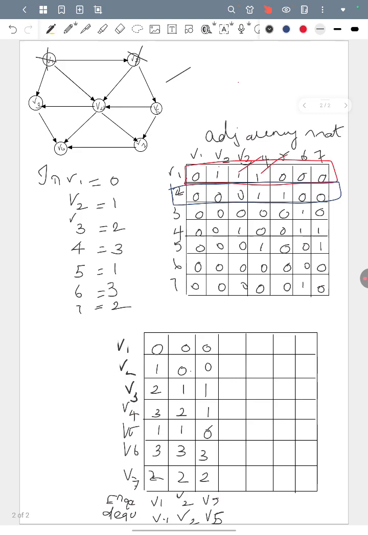Okay, now calculate the in degree if V5 is removed from the graph. We can see that only V4 and V7 have in degree from V5. So we are supposed to subtract a value from V4 and V7.